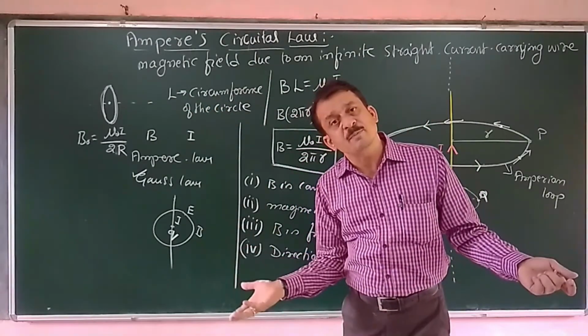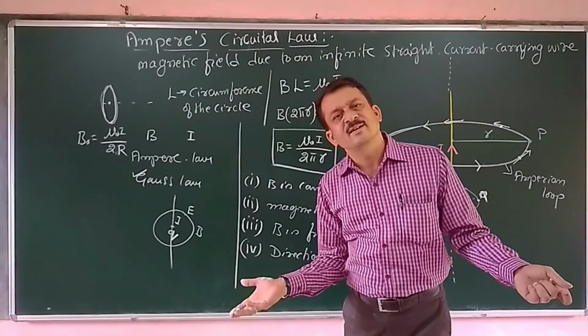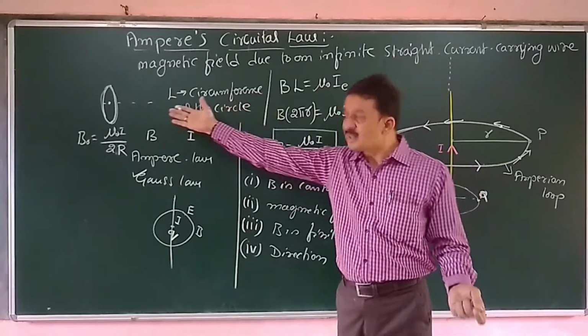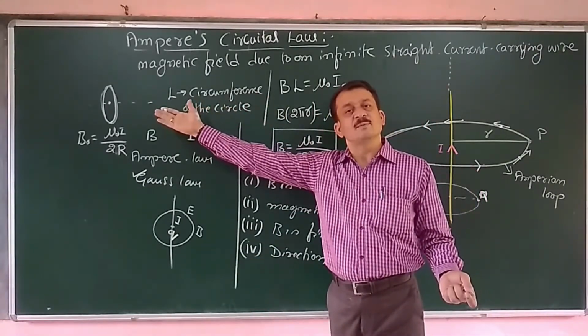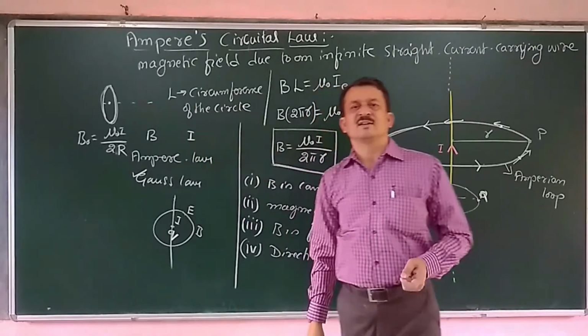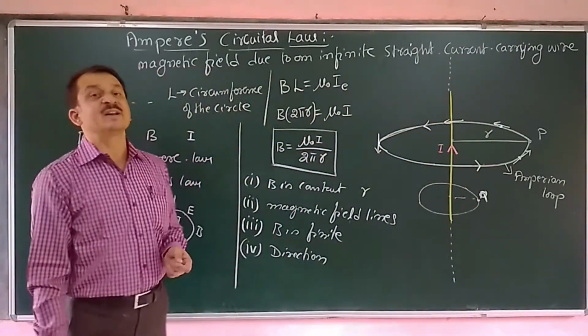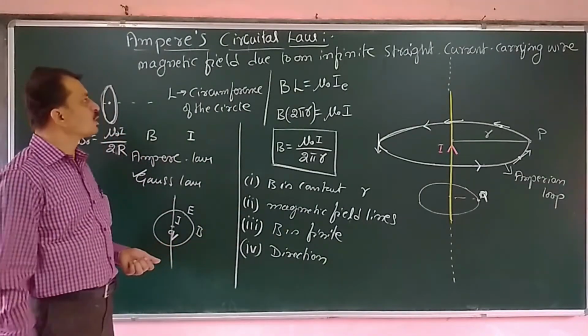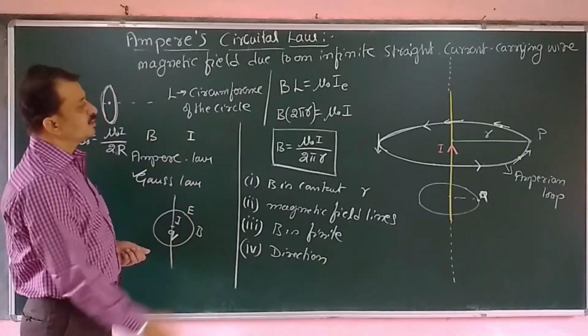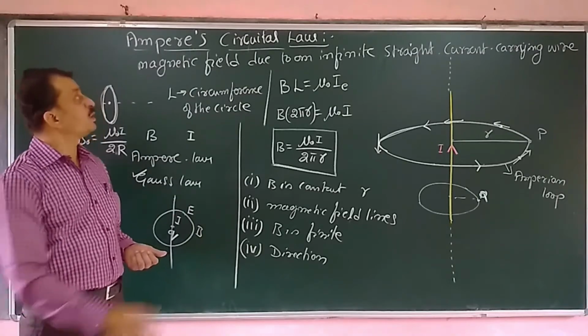What is the shape of the Amperian loop here? Ampere circuital law fails here in order to find the magnetic field at the center. But in all other symmetric structures, we can easily work out the magnetic field by using Ampere circuital law.